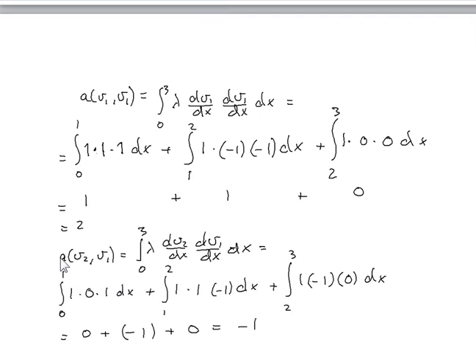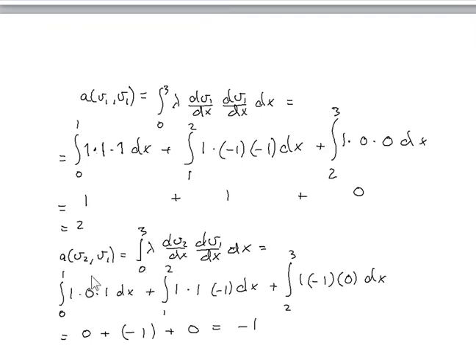Let's turn to the element a v1 v2. We write this integral because that's the definition of this bilinear form, and as I told you earlier, lambda is 1 in all these 3 intervals. We have to split this integral into 3 integrals and add them.